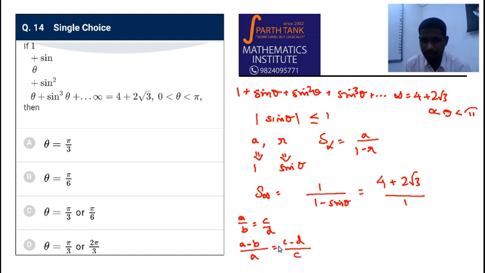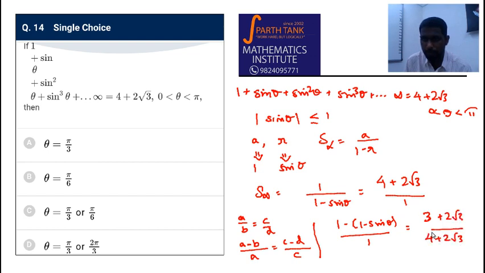Or if you do not want all this, just go ahead and multiply and see what you get. So this way it becomes 1 minus sine theta by 1, and c minus d, c is 4 minus this, so this becomes 3 plus 2 root 3 upon c, which is 4 plus 2 root 3.